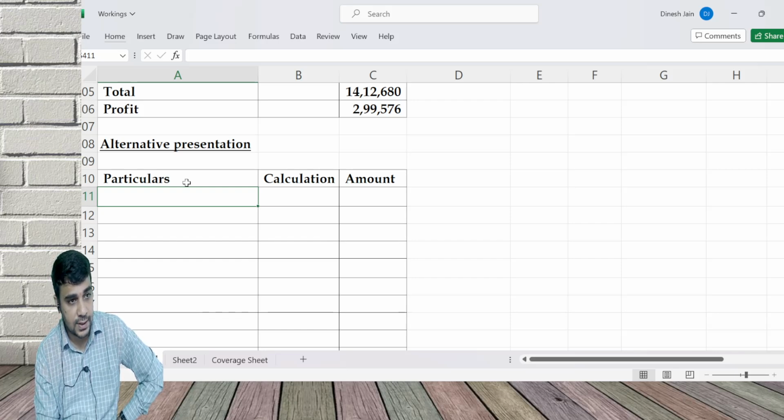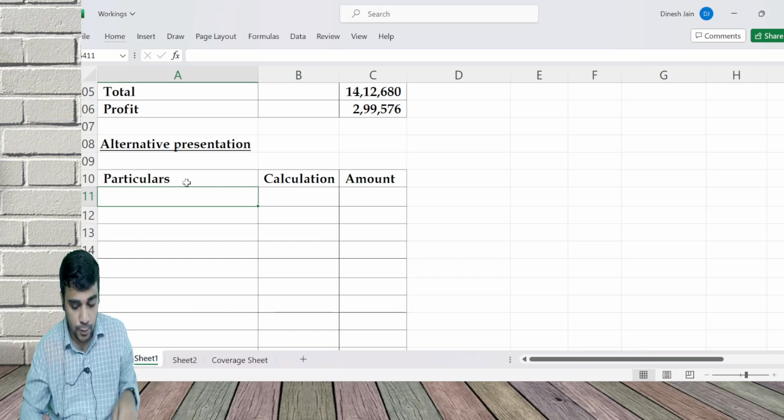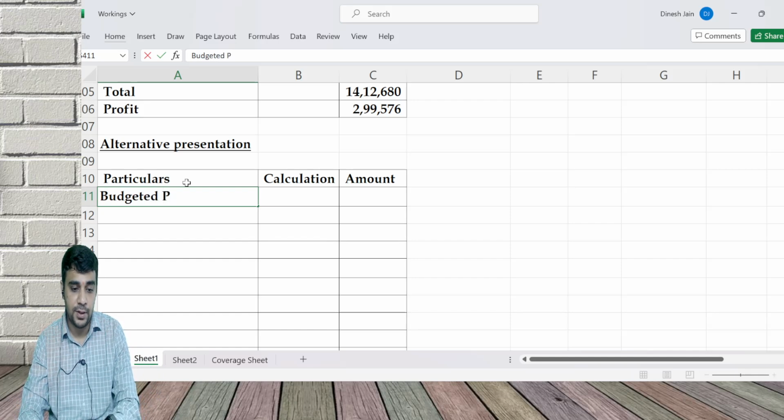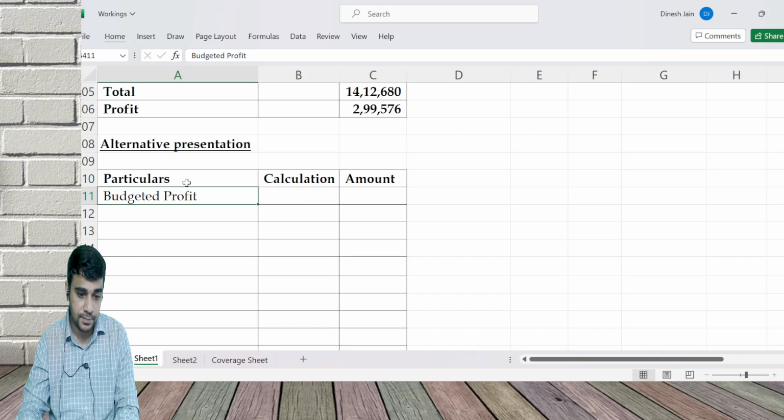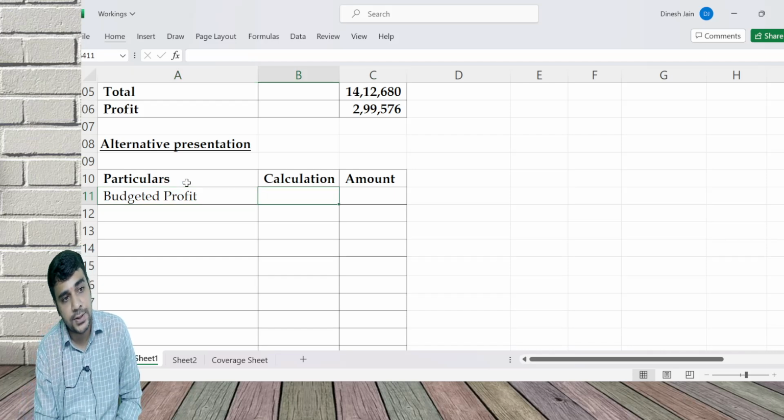Per unit, how much? 8.4. Budgeted profit.